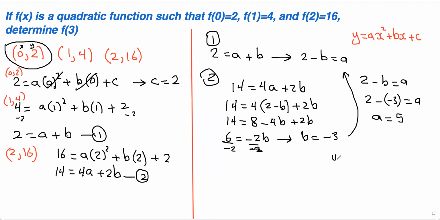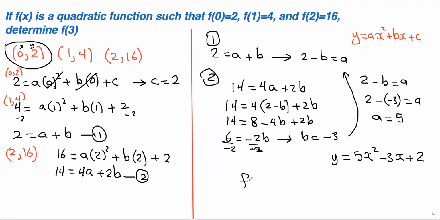My equation is y equals 5x squared, plus bx, and b is negative 3, so instead of plus, it's minus 3x, plus c, and c we found out already, it's 2, so that's your equation now.